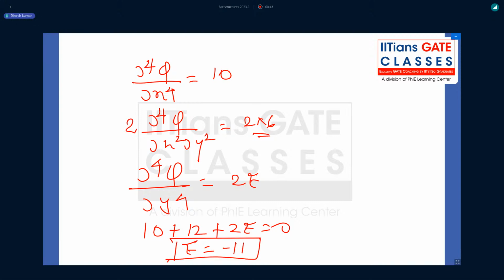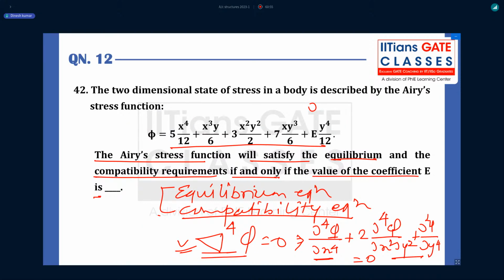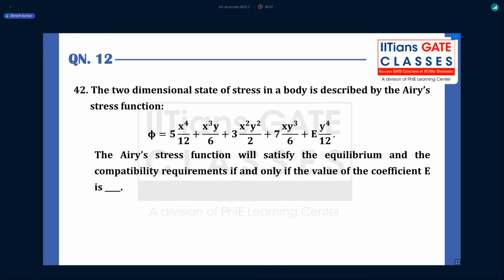Now if you look at this question, it is more of math, right? The only thing you need to remember is this Airy stress function equation.